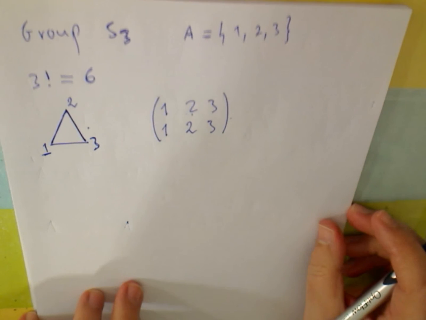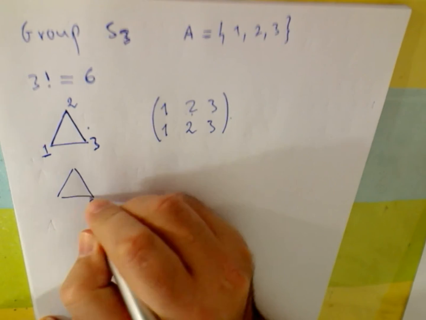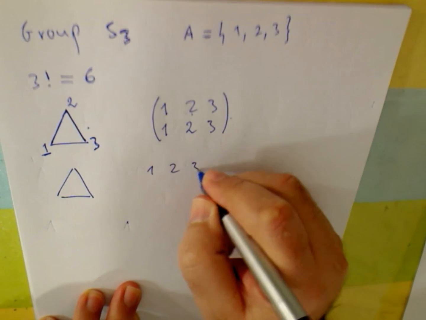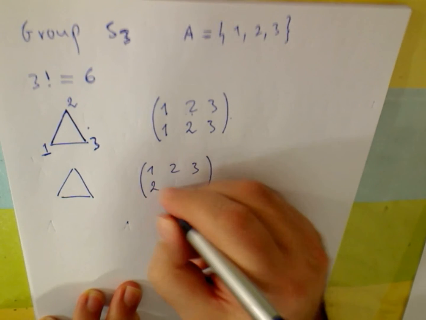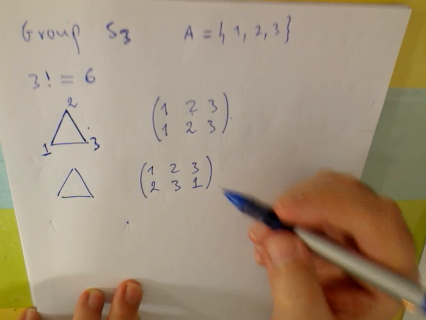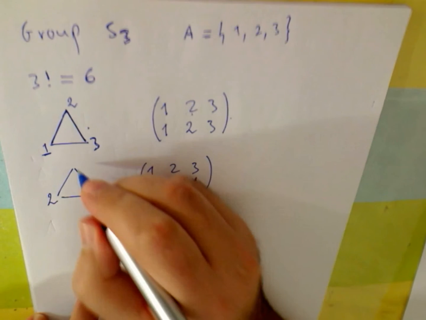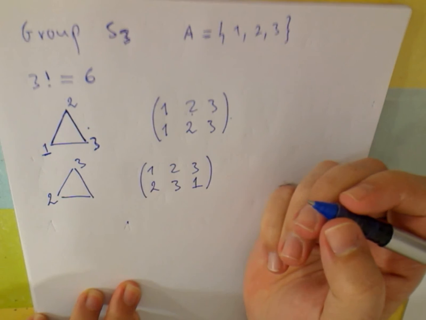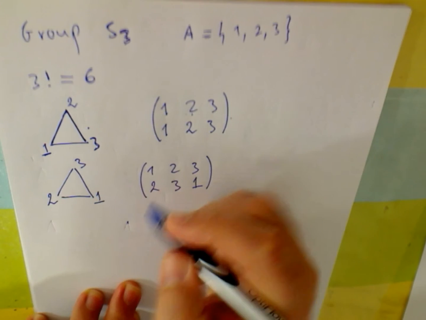Now what I can do is, I have 1, 2, 3, so now 1 will be 2, 2 will be 3, and 3 will be 1.